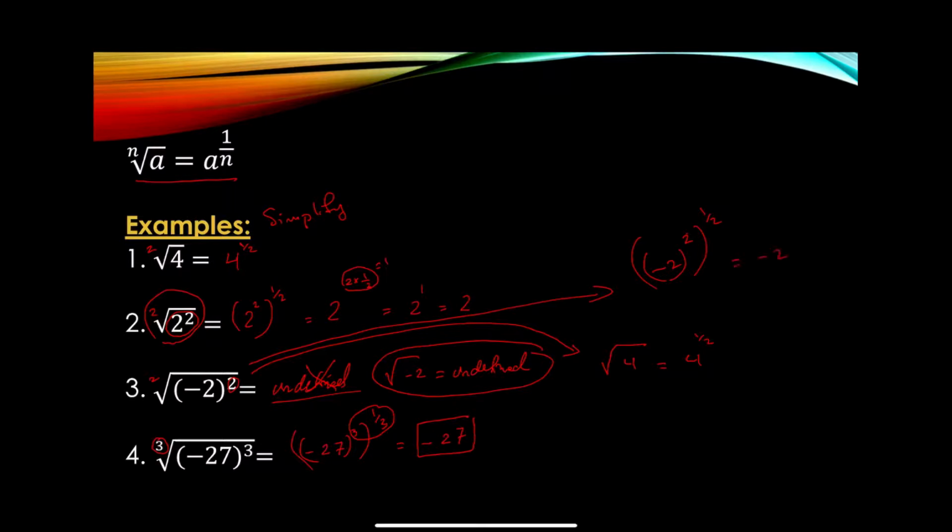The answer is -2 in this case. But this is not true. Why? Because this 2 is an even number. First of all, even number will change this to be positive, as if it is positive. Negative number is not allowed with even roots.